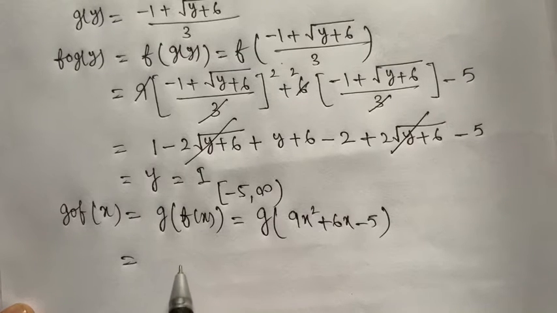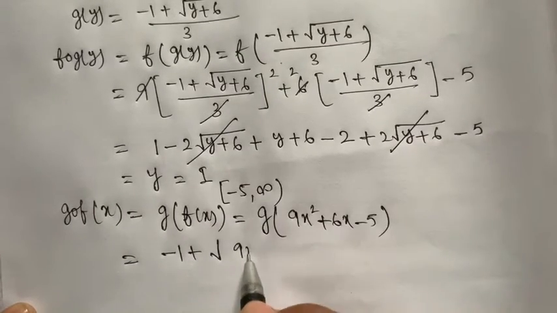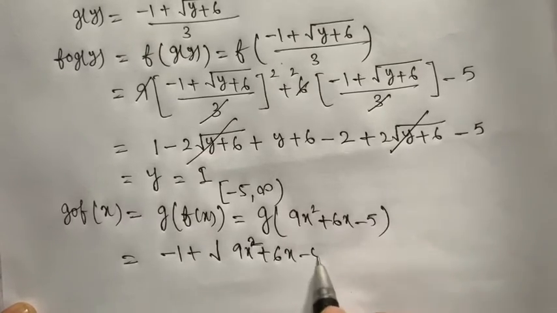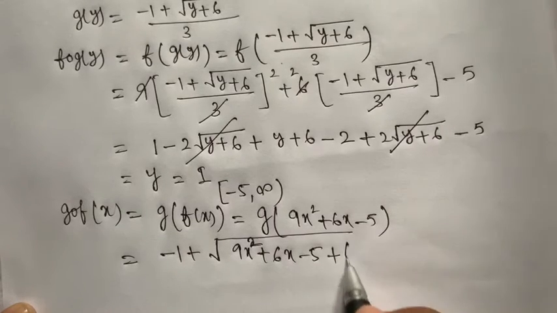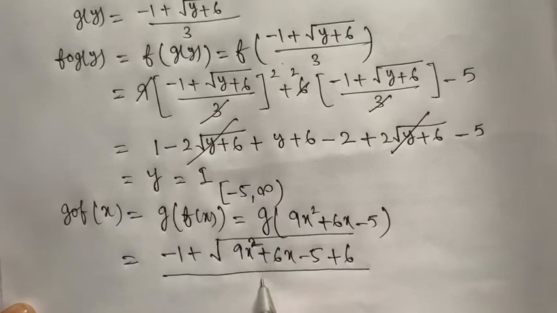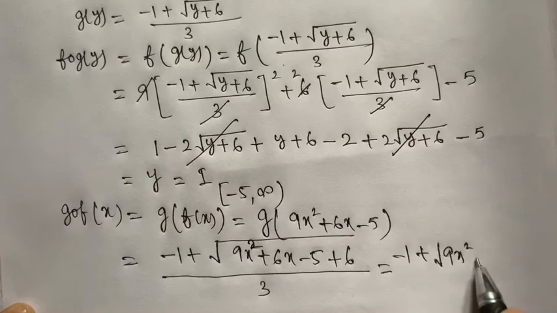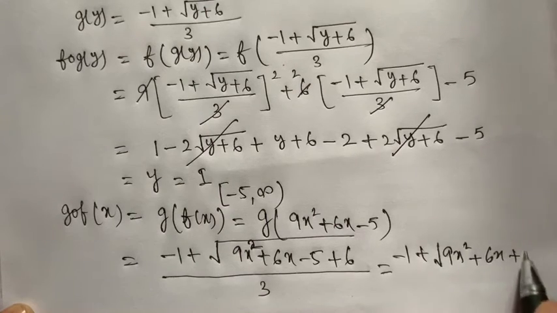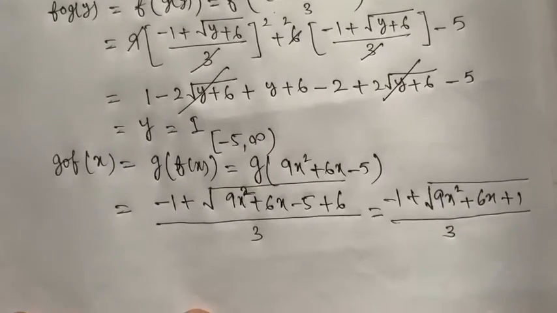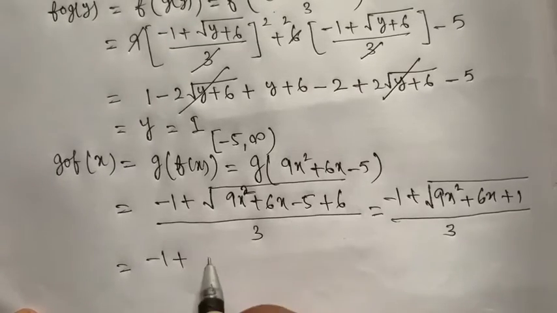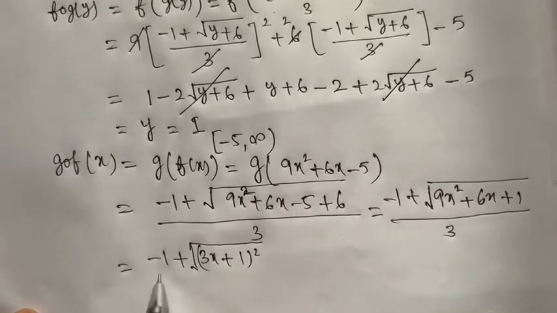We will obtain minus 1 plus root under of 9x square plus 6x minus 5 plus 6, whole upon 3, and when we solve it, it will be root under of 9x square plus 6x plus 1 upon 3, and it is minus 1 plus 3x plus 1 whole square under root and upon 3.